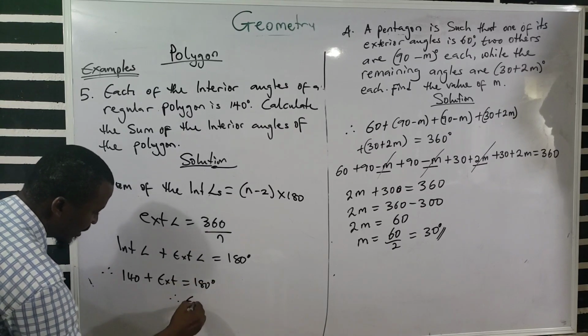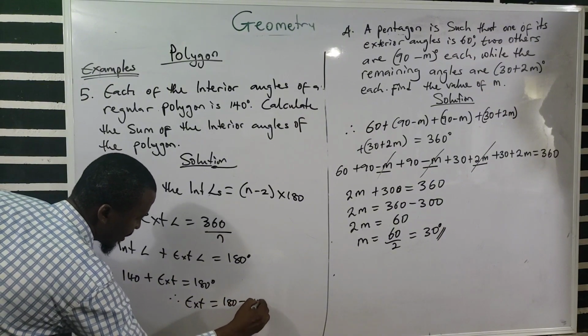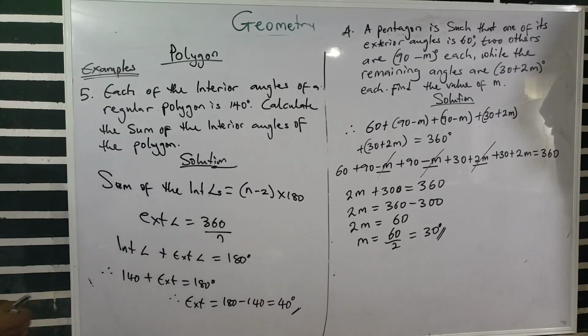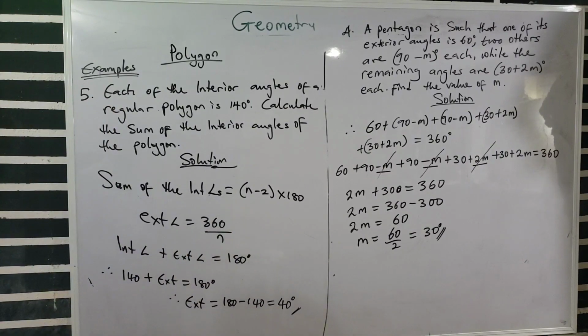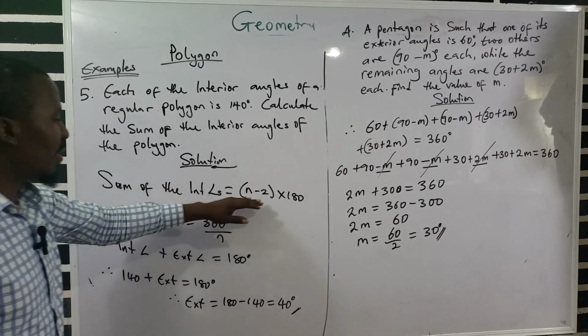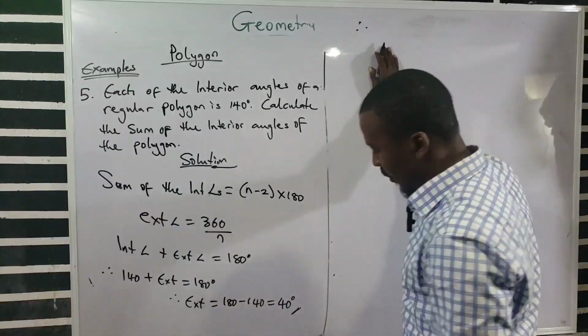Therefore, exterior angle equals 180 minus 140, which gives us 40 degrees. So we have gotten our exterior angle. The next thing to do is to use it to find the number of sides. When we have the number of sides, we'll then use it to find the sum of the interior angles.